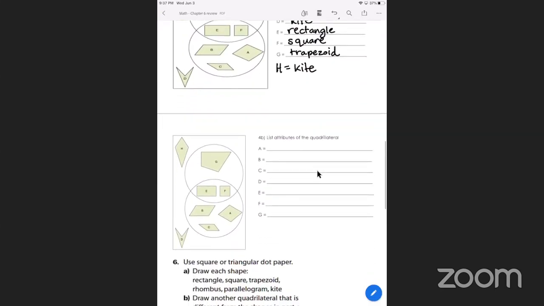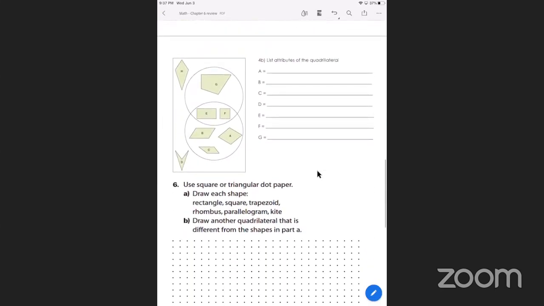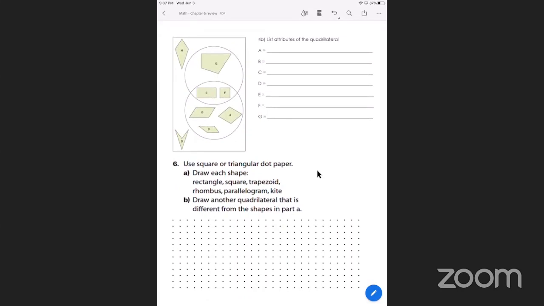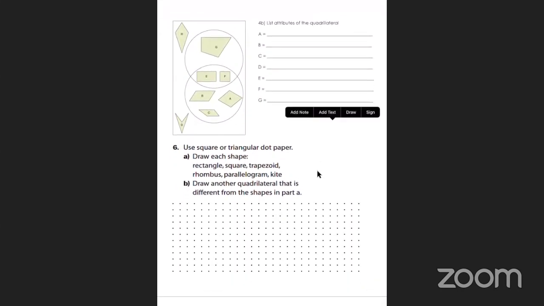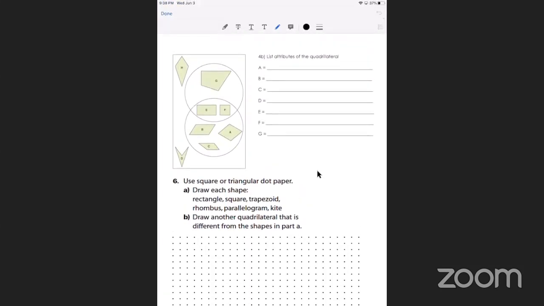So it's asking us to list the attributes of the quadrilateral. So G has no parallel sides.